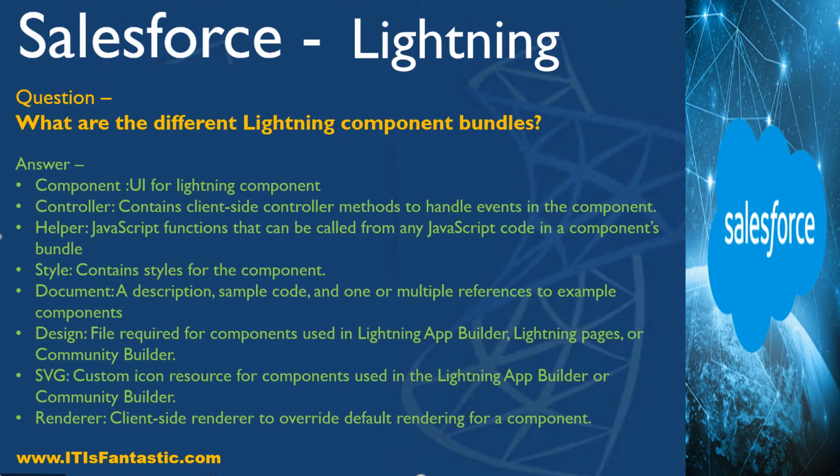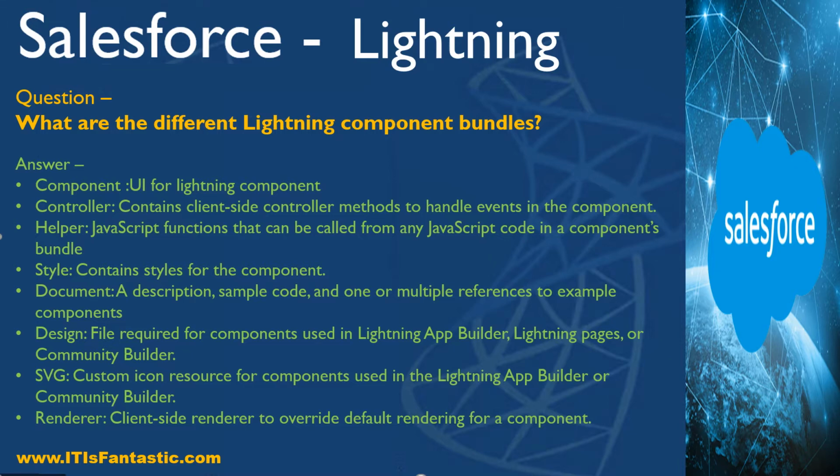What are the different Lightning component bundles? Component, which is the user interface for the Lightning component. Controller contains the client-side controller methods to handle events in the component. Helper, JavaScript functions that can be called from any JavaScript code in a component's bundle. Style, which contains styles for the component.